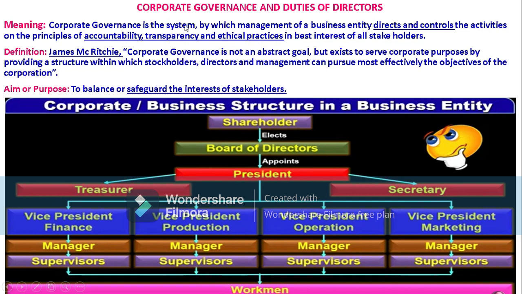So corporate governance is a system with vision and strategies, okay? Corporate social responsibility will be there, in which the management of a business entity directs and controls, okay?